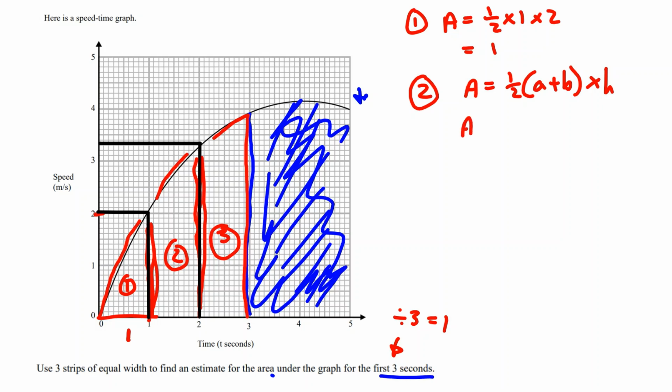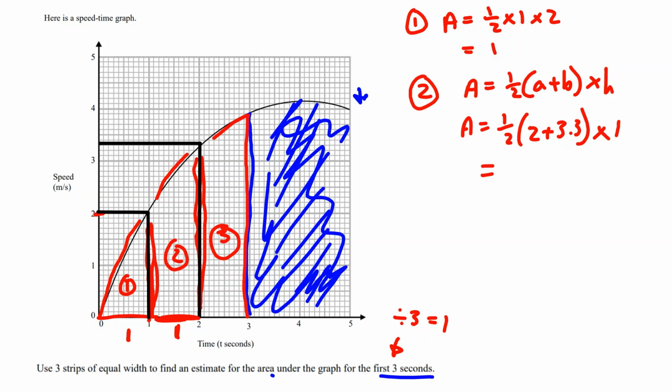So my area is going to be a half of 2 plus 3.3 multiplied by my height. Now in this one, my trapezium's the other way around. So my height is this 1, perpendicular to my 2 parallel lines.